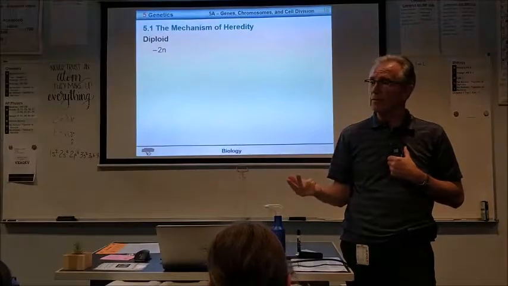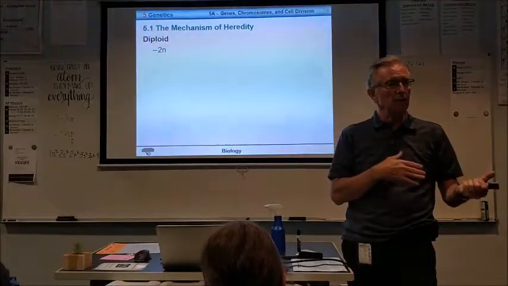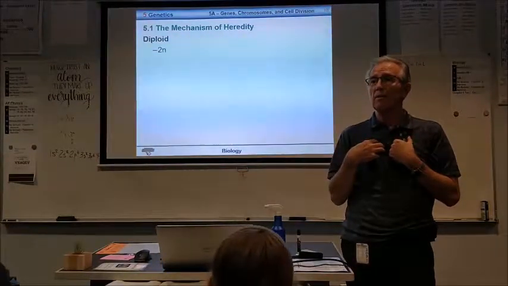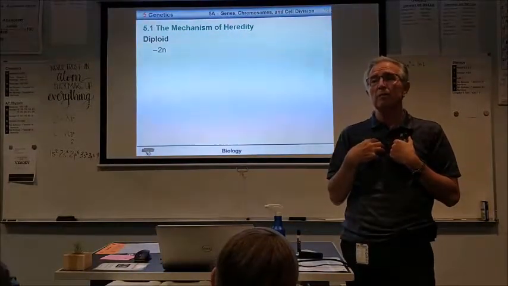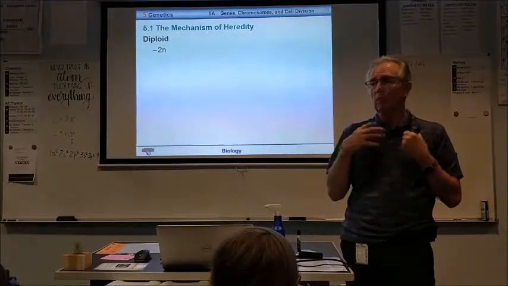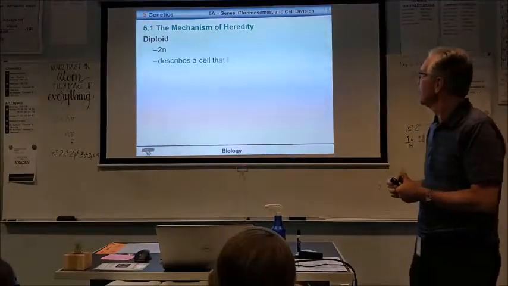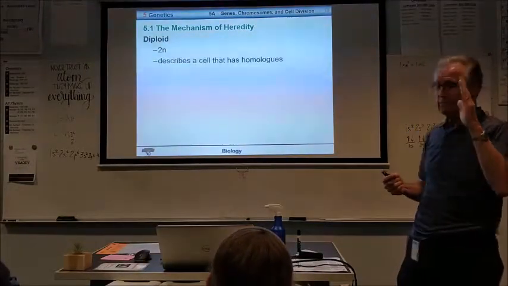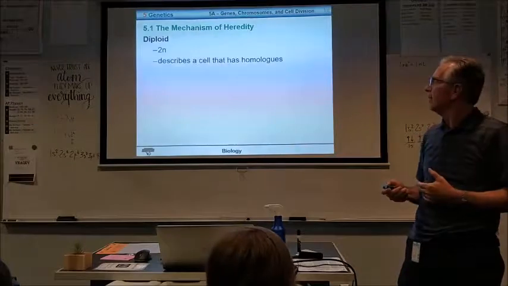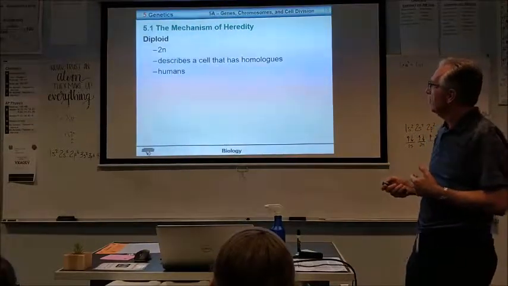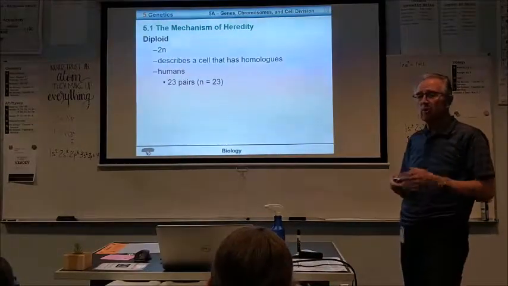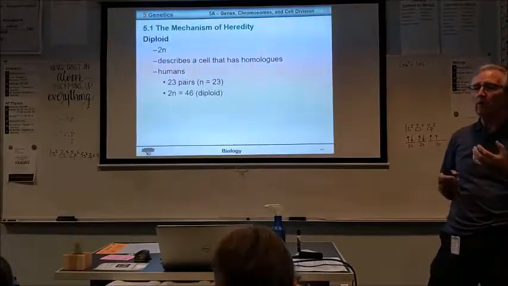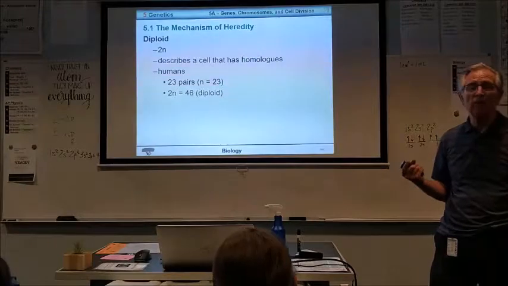Other living organisms will have a different N number, but for us, N is 23. We have two of everything, so we have 46 chromosomes altogether. Okay, so this describes a cell that also has its homolog with it. Humans have 23 pairs, so our N number is 23. So 2N is 46. We're diploid.